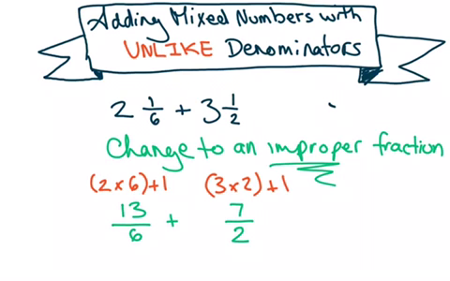Okay, so now we need to find a common denominator because these ones are different. We need to find a common denominator. So we need to find the lowest common multiple of 6 and 2. All right. So remember, you can have an infinite number of multiples.